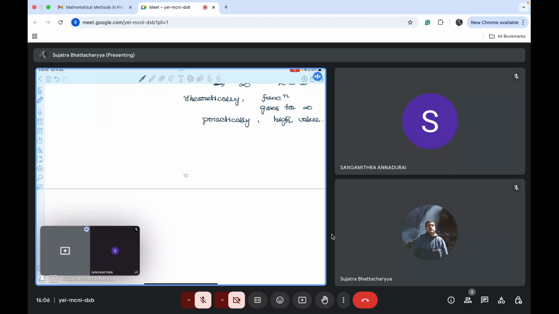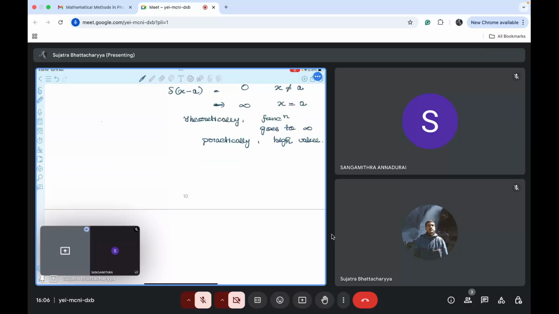So how can we represent this Dirac delta function? You have something like this. Let me show a graph here. This is your x and this is your f of x, which is nothing but delta x minus a. Suppose this is x equal to a.